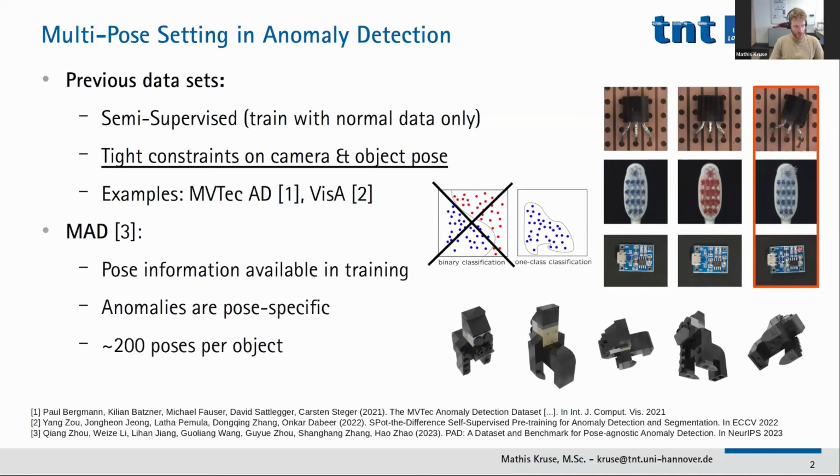At the end of 2023, a new dataset came along, the MAD dataset, which had Lego toy figurines from different poses. During training, you had all these differently posed images with poses available. Then the task became harder because the objects were arbitrarily placed in front of the camera, and it's much harder to reason about any anomalies because we want to talk about the object as a whole.